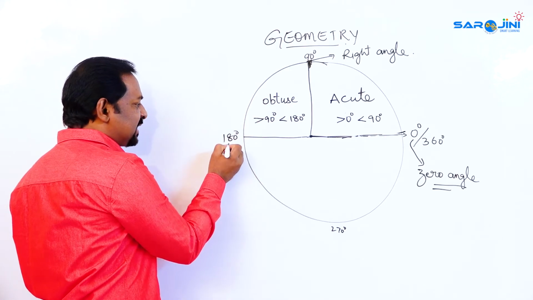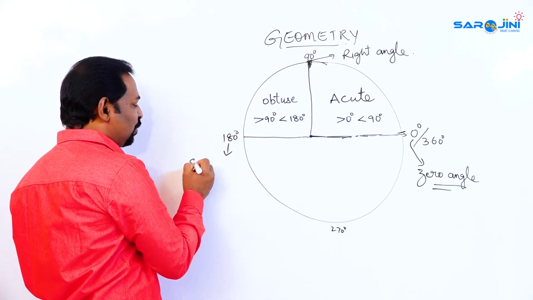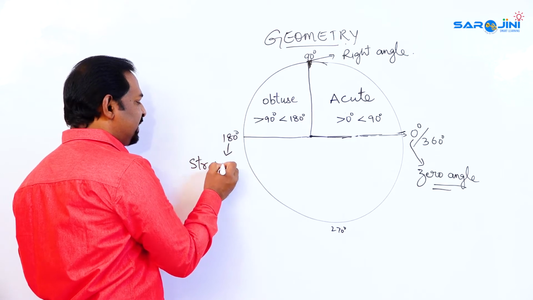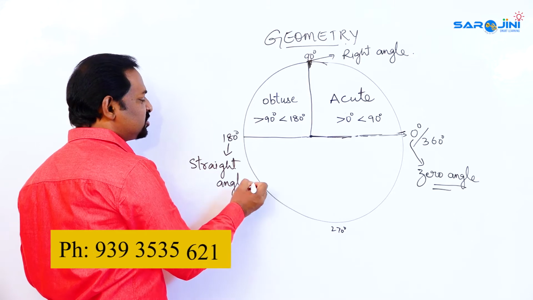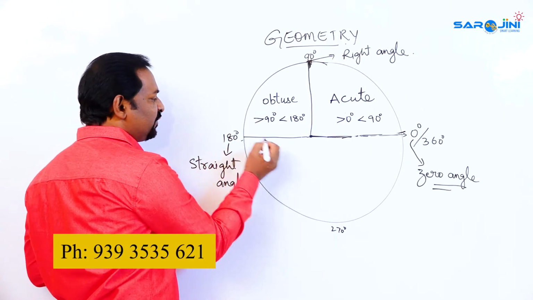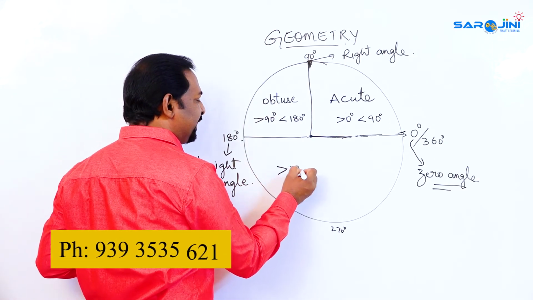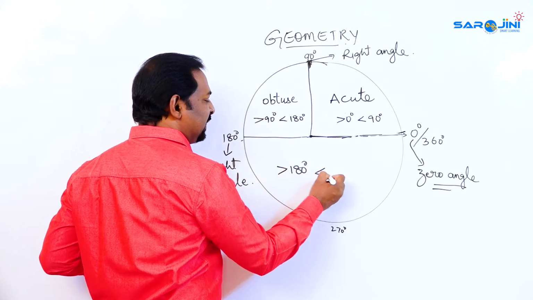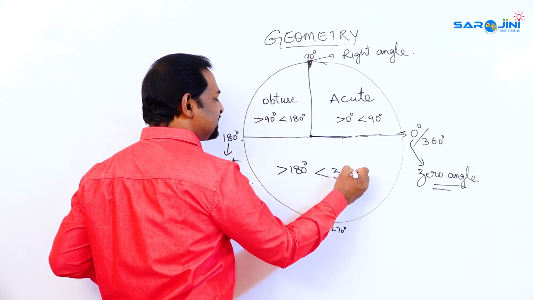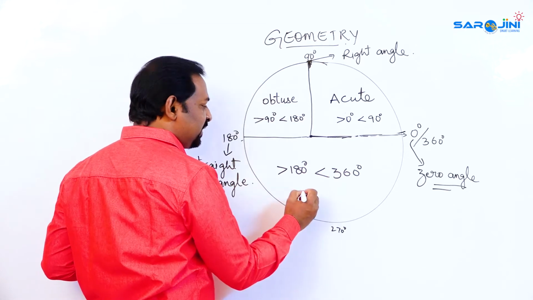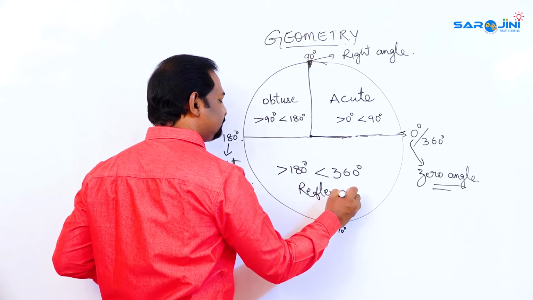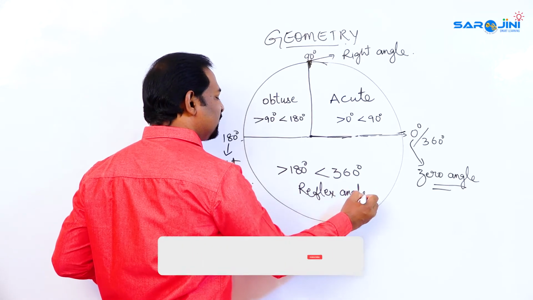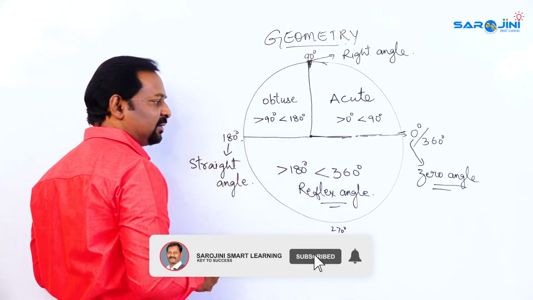If it is exactly 180 degrees, we call it a straight angle. And which is greater than 180 degrees and less than 360 degrees, we call a reflex angle.